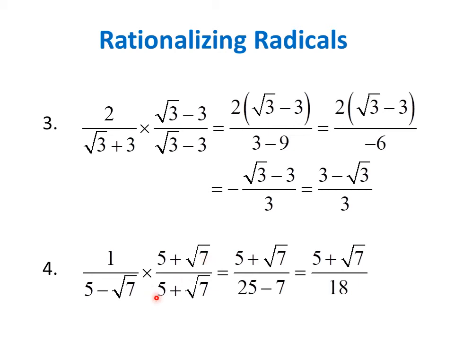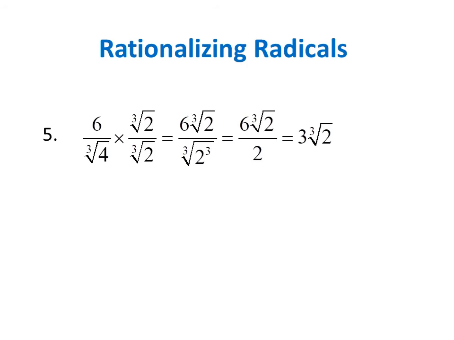And from the difference of two squares, we know that the product of these two binomials is the square of each term, and the operation is minus. So 5 squared is 25, and the square of square root of 7 is 7, and we have minus. Let's simplify the numbers. 25 minus 7 is 18, and this is the final answer.